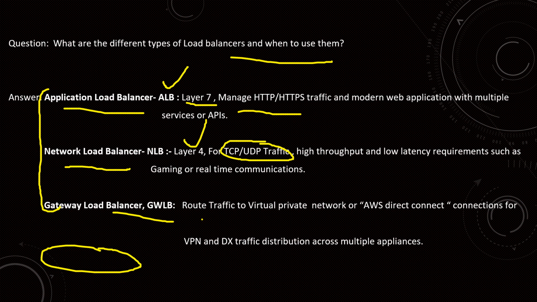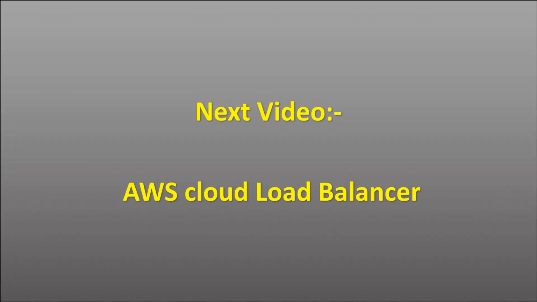It routes traffic to virtual private networks or AWS Direct Connect for VPN and DX traffic distribution across multiple appliances. This is the scenario of GWLB. We will discuss more details about the load balancers in our next session.